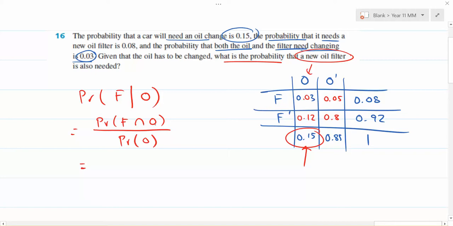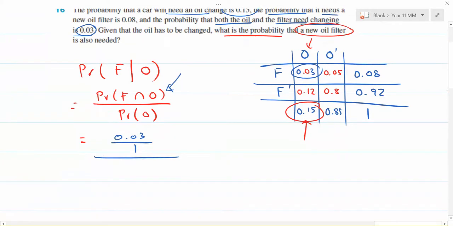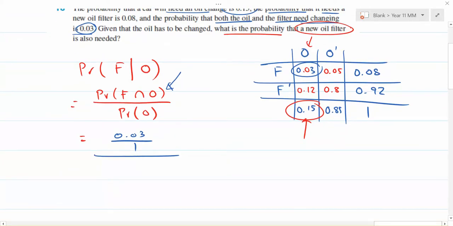So F intersection O, you would say that's 3% because that's 0.03 out of 1. That's the chance of you getting F intersection O divided by the probability of O. Now, the probability of O is 0.15 out of 1 again, because that's the total percentage.